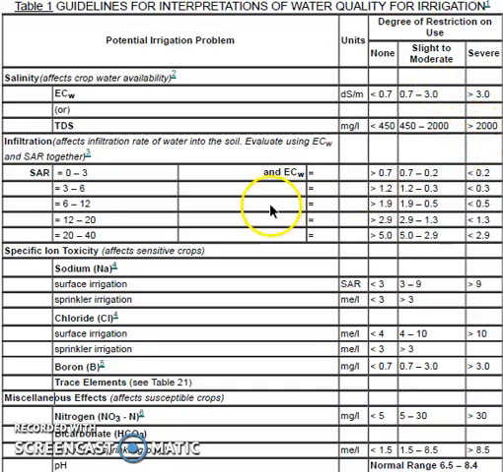But if you have a high SAR with low salinity, then you have a severe degree of restriction in use with respect to not salinity but to infiltration rate, and you have to solve this problem just by adding a source of calcium.